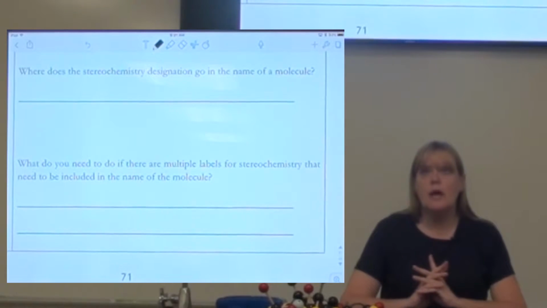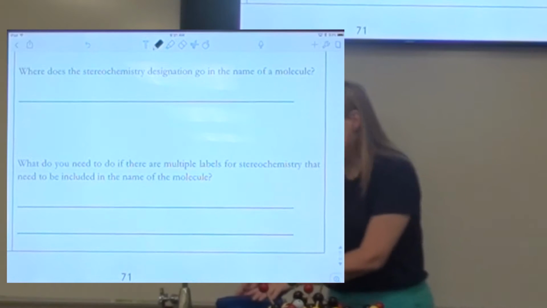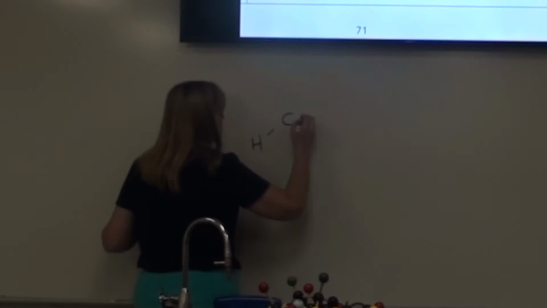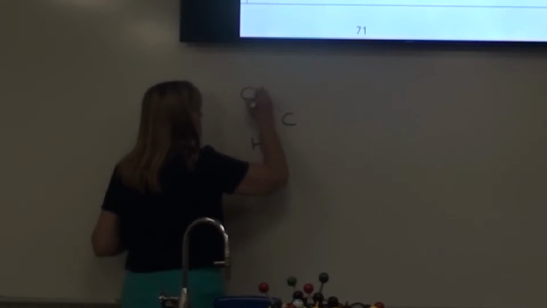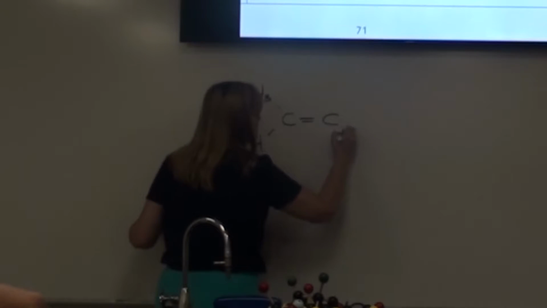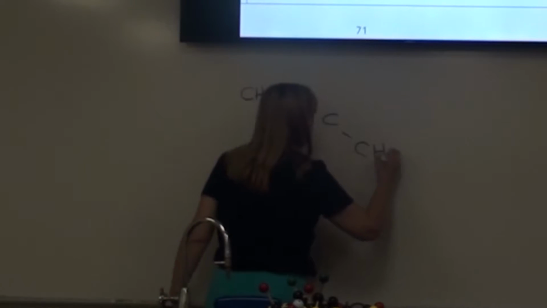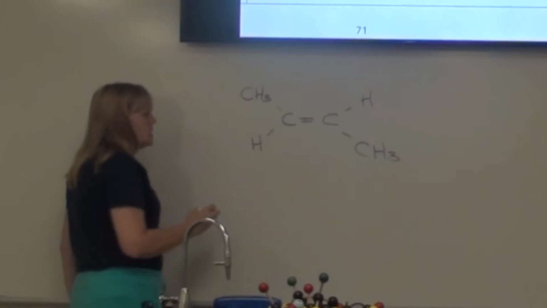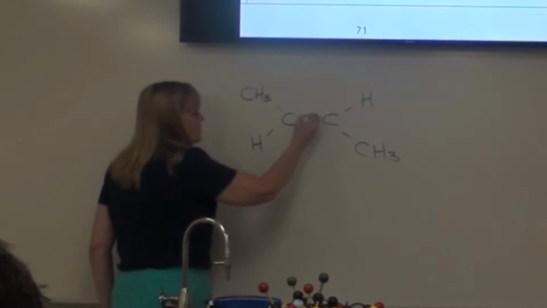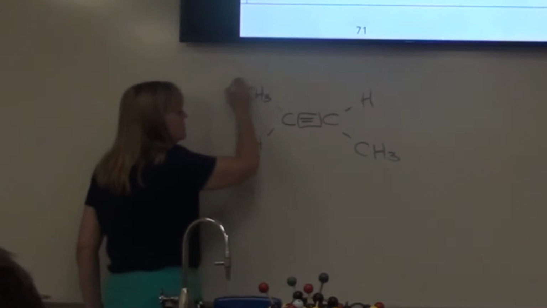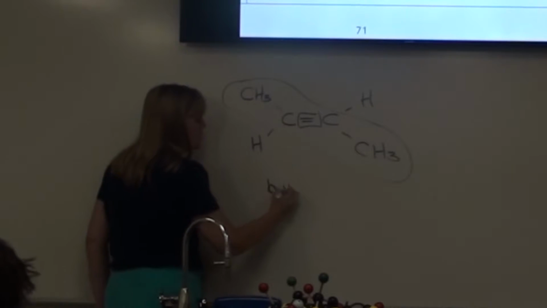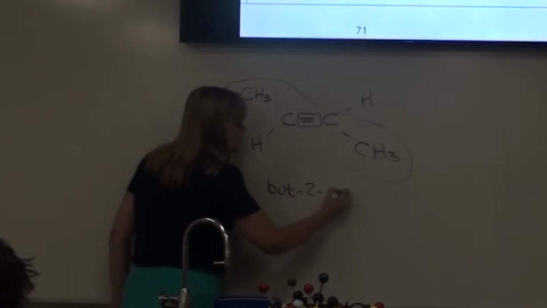So for instance, if you had this, and you're going through and finding the functional group and the parent hydrocarbon, and you're writing the name out, and so you have butene.